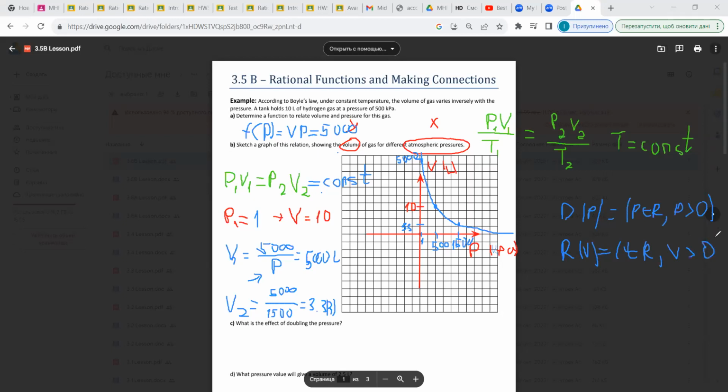Does it make sense? Because we cannot have negative volume, and also we cannot have volume of 0 if we had some initial gas in the tank. Does it make sense? Now you see why it's a rational function, basically.